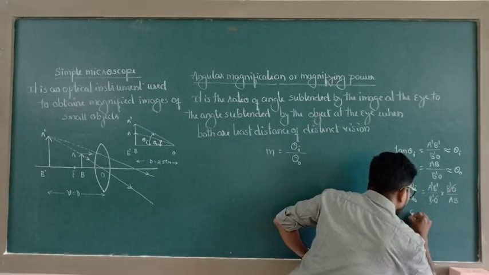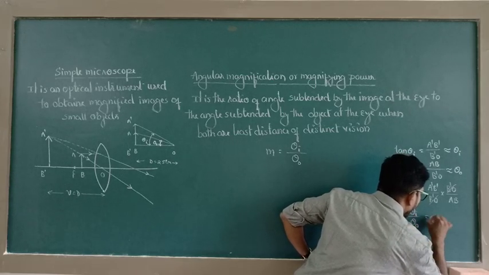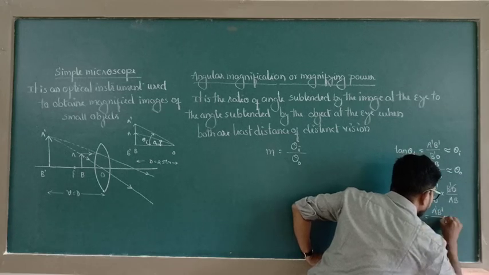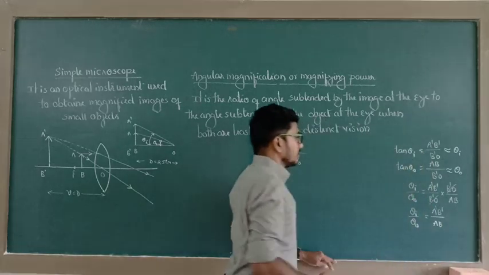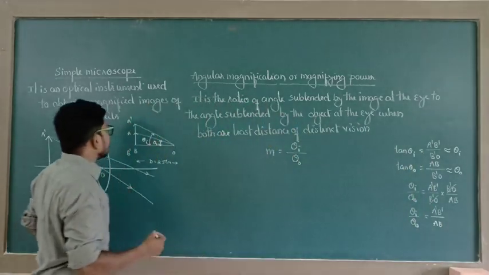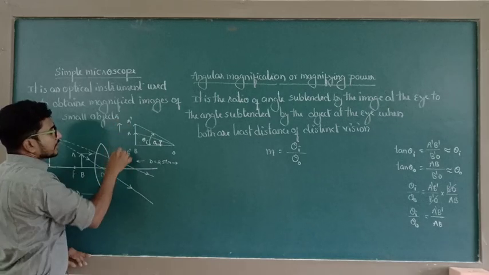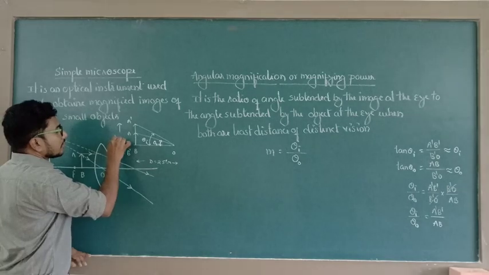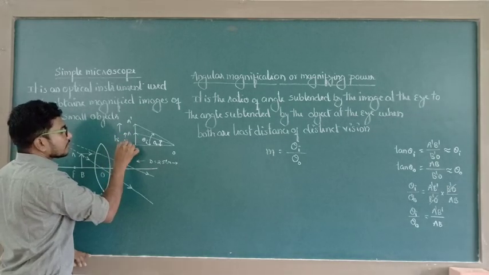Then this magnification theta I divided by theta naught is equal to A dash B dash divided by AB. So this A dash B dash is nothing but the height of the image, and AB is the height of the object.